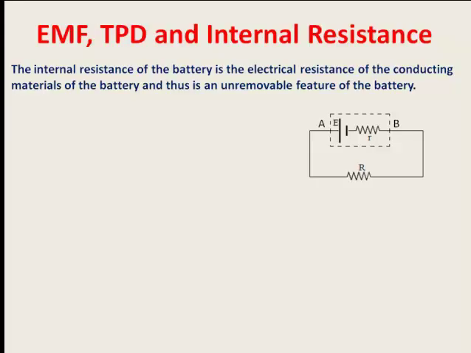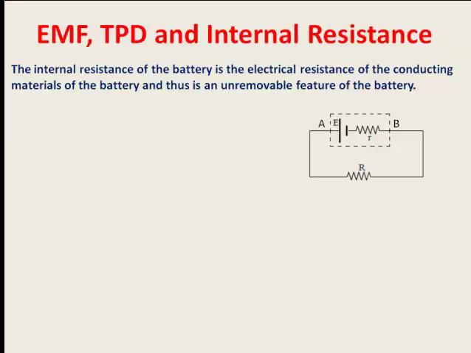No. Actually what happens is that the positive charge which reaches point B within the cell moves again back to E to complete the circuit. The circuit is completed when a charge moves from the positive of the battery via the external resistance to point B, which is the negative of the battery, and then goes back to E. So the resistance offered by the electrolyte is the internal resistance of the battery, which is inevitable.